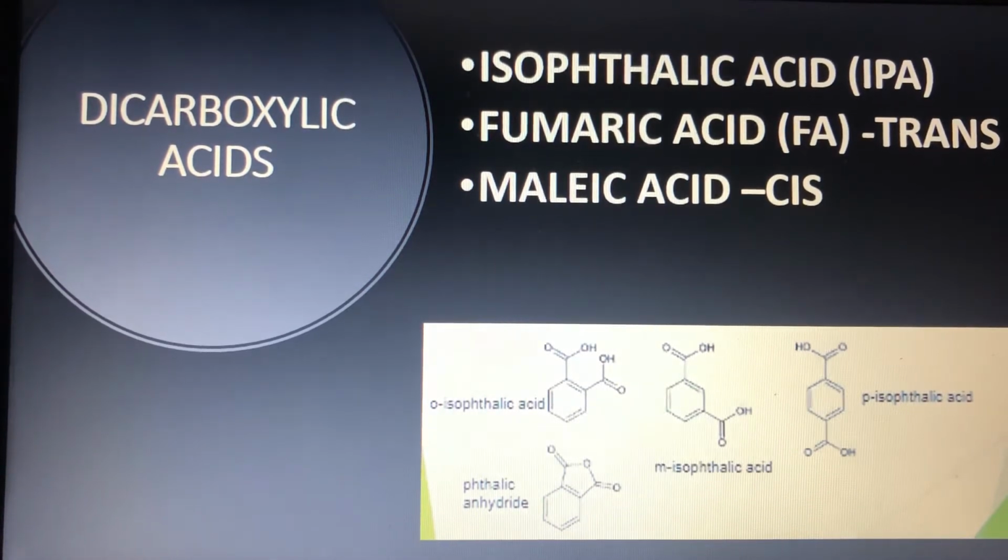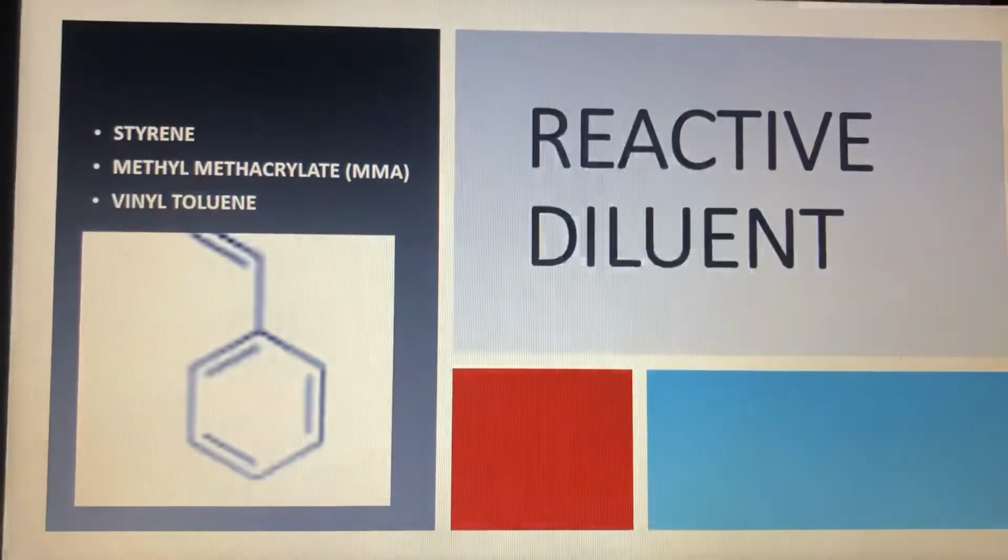And then below in the image we can see many other acids used in this step. And then there's a reactive diluent added, and the main one is a very well-known one, which is styrene. Styrene is not the only one used, as scientists also use methyl methacrylate, MMA, or vinyl toluene.